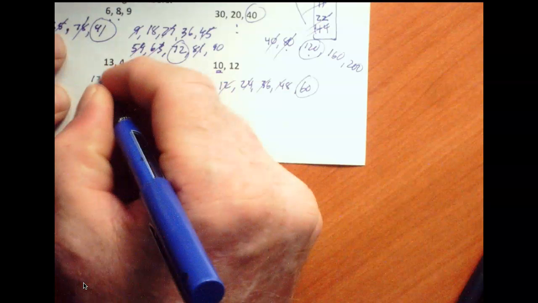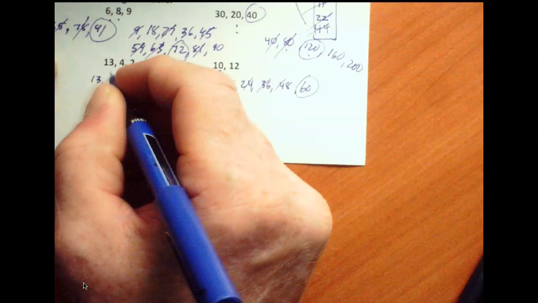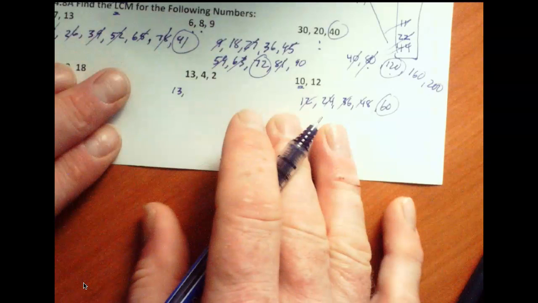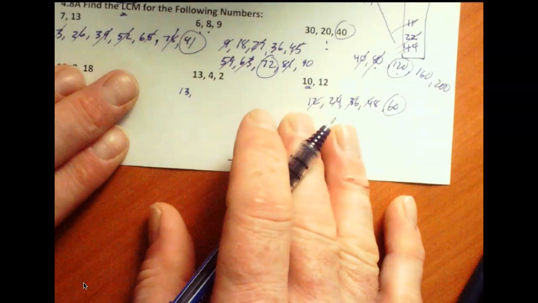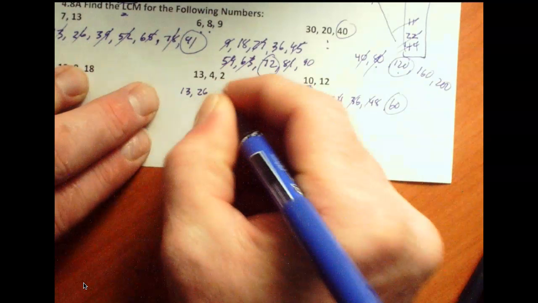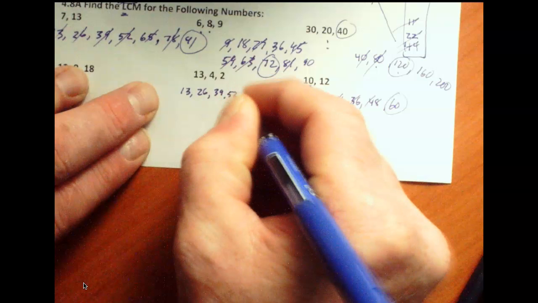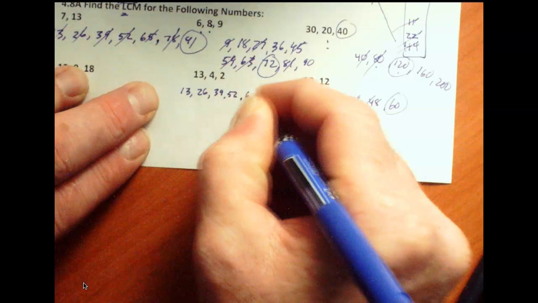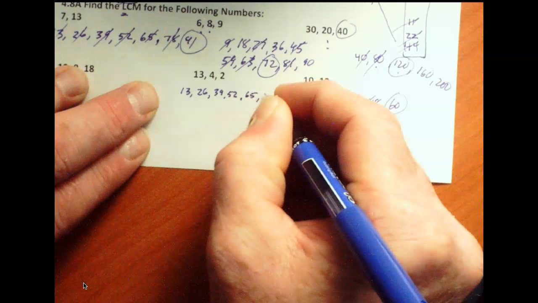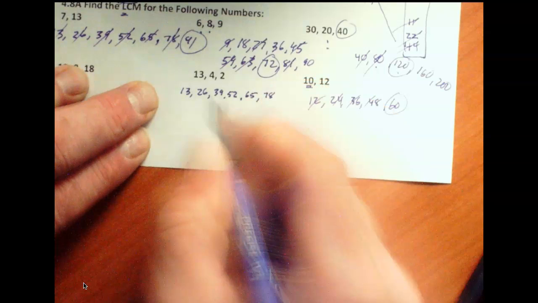13, 4, and 2. Well, so put that with 13. It's the biggest of 13. I've already got my multiples up top here. See them? So I'll just recopy them. 13, 26, 52, 65, 78. And let's just try a couple. Well, 4 going to 13.